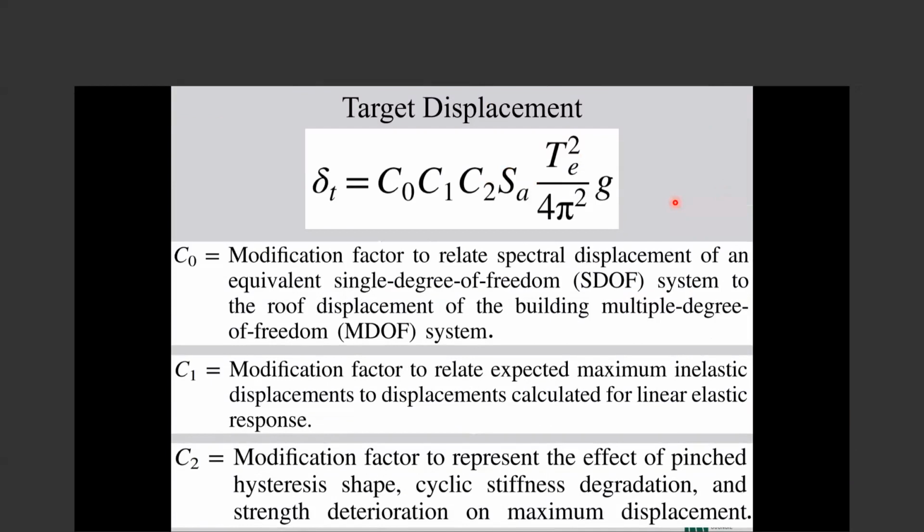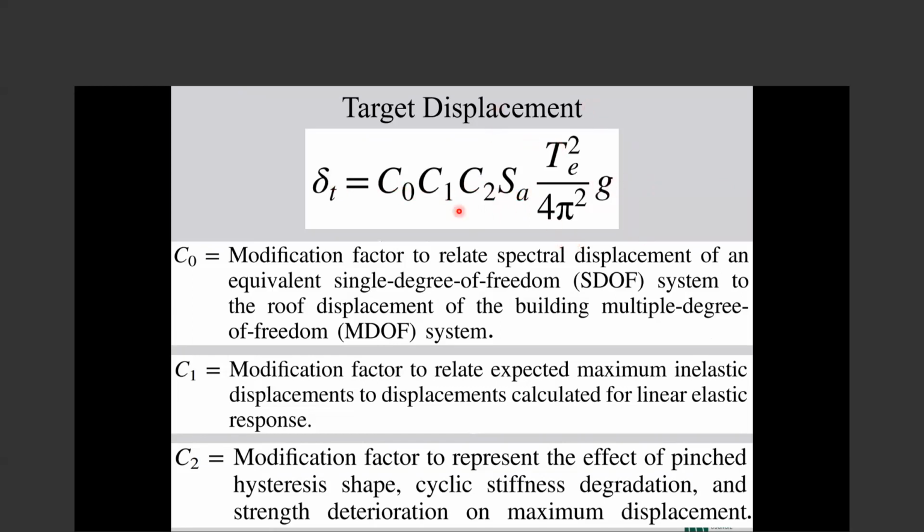It seems a little more complicated than base shear. Base shear was very nice, just SA and a couple of coefficients to adjust for some events. But here we have some strange stuff too.